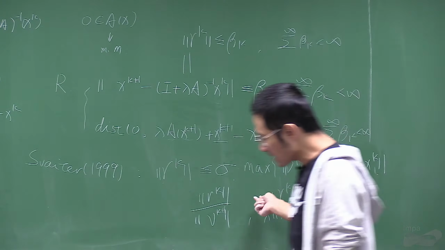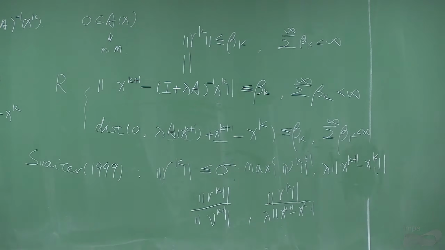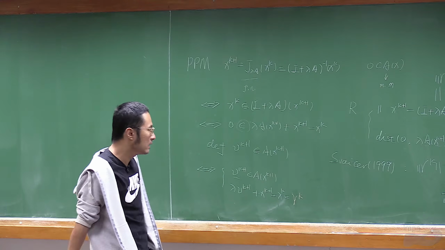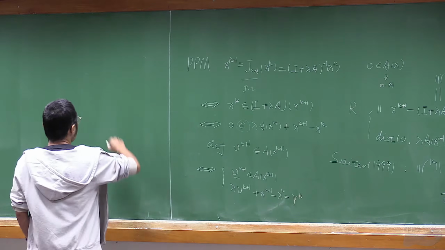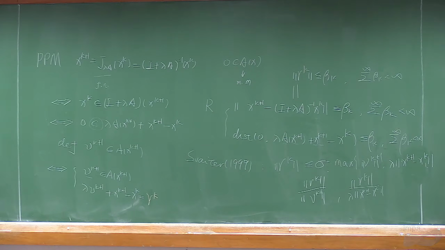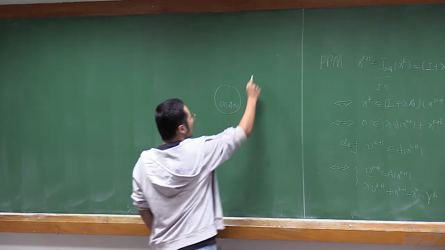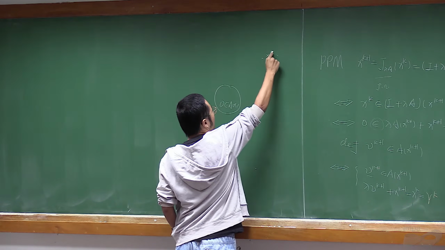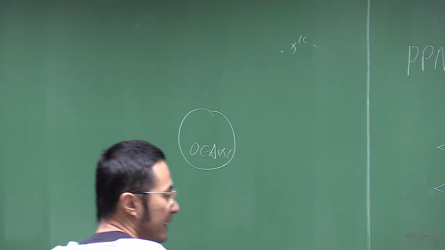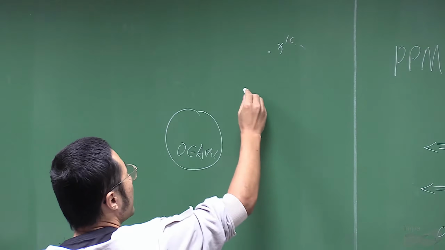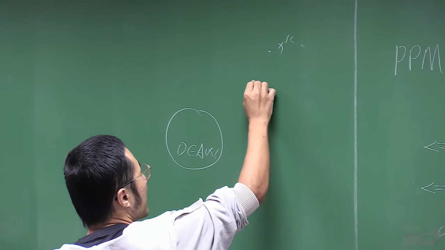Actually, this kind of error criterion is analyzed based on the interpretation that the proximal point method is a kind of projective method. We had this analysis last class, which means if here is the solution set of the inclusion problem, and you have a point xk here, you find a pair vk plus 1 and xk plus 1.